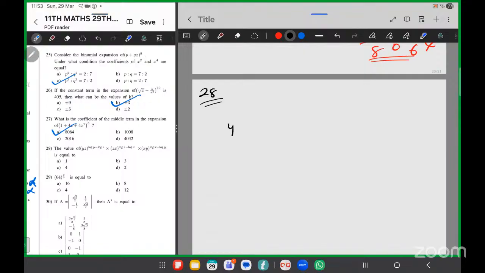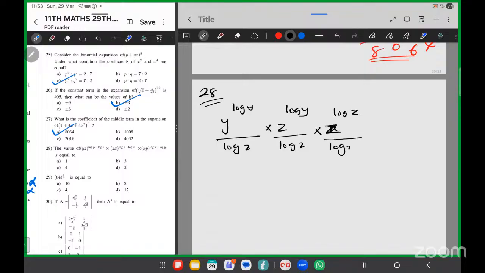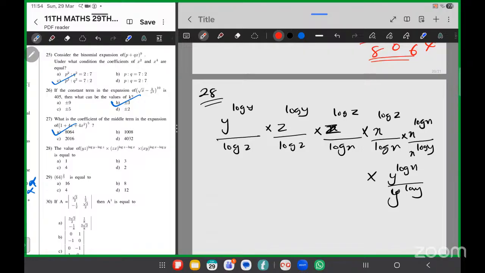So we can write y raised to log y by log z into z raised to log y by log z into z raised to log z by log x into x raised to log z by log x into x raised to log x divided by x raised to log y into y raised to log x divided by y raised to log y. This gets cancelled.